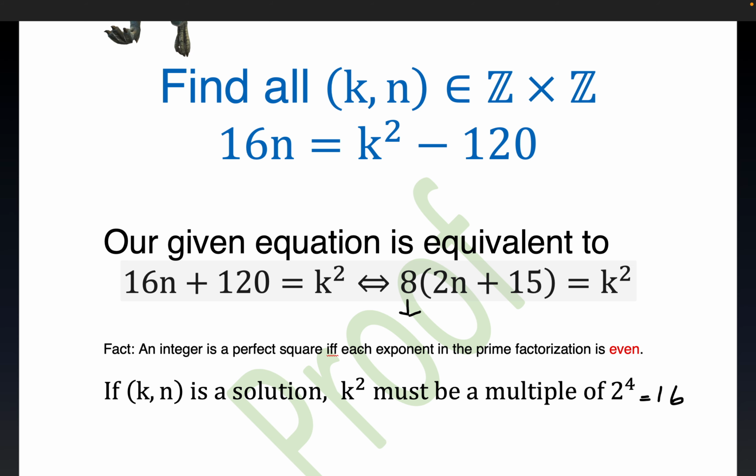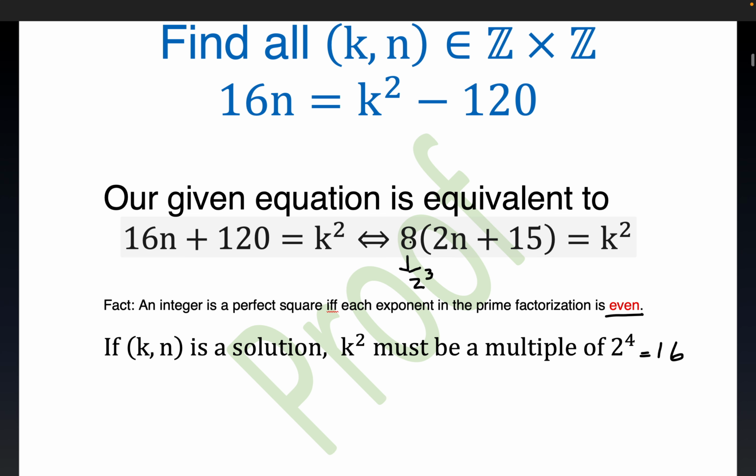We need an even exponent, but right here we have 2 cubed, an odd exponent. So if there's going to be a solution, you don't see any 2's over here except for 2n plus 15, and 2n plus 15 is an odd number, right?